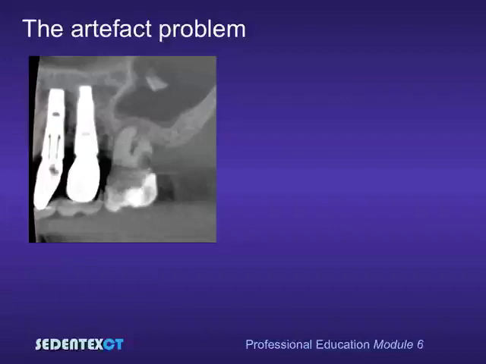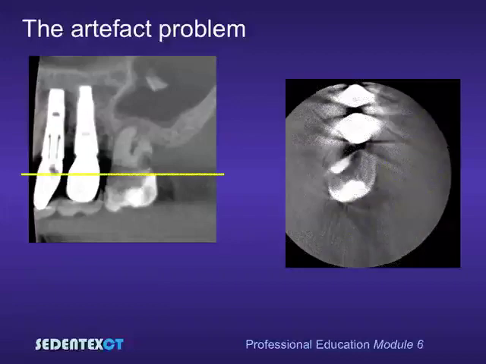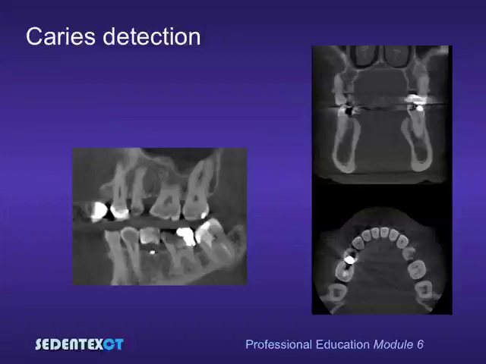This is illustrated reasonably well here. These are images taken from a cone beam CT dataset, and the picture on the right, which is the axial section of the image on the left, demonstrates very well the sort of artifacts that appear on cone beam CT scans where there are existing metallic restorations. The artifacts illustrated here also produce apparent carious lesions, sometimes gross carious lesions, in the crowns of the teeth.